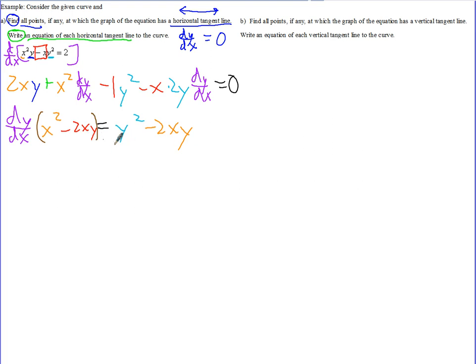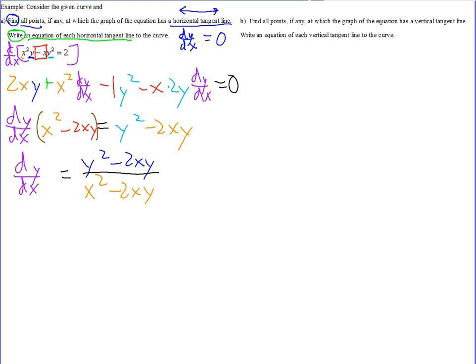And then dividing by x squared minus 2xy on both sides, dy dx, our first derivative, equals y squared minus 2xy divided by x squared minus 2xy.